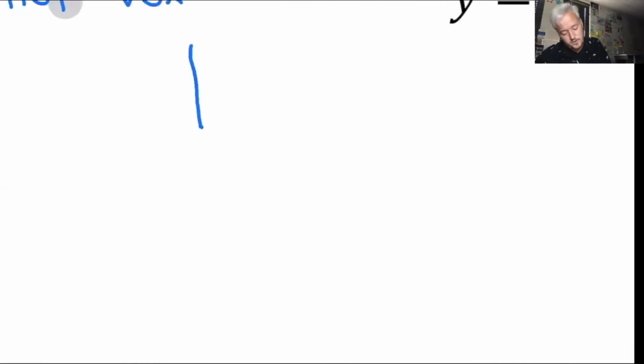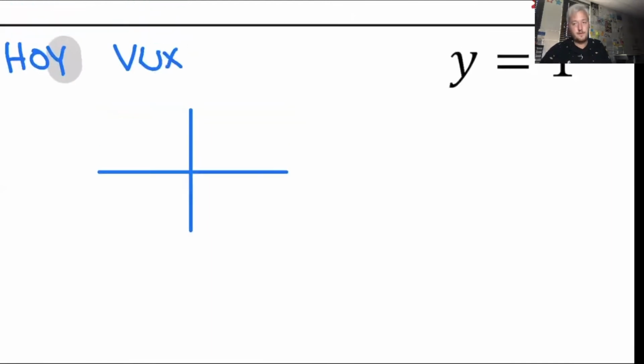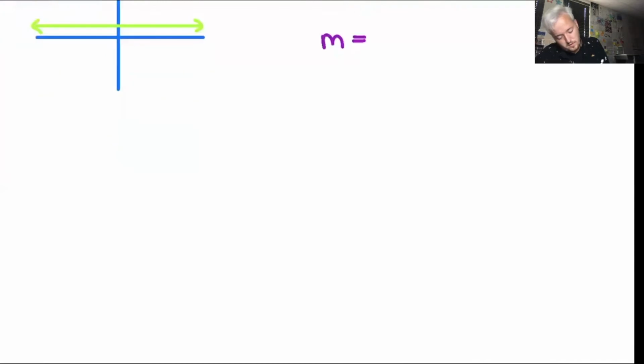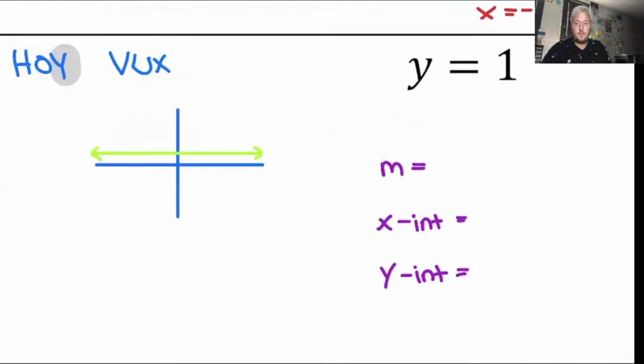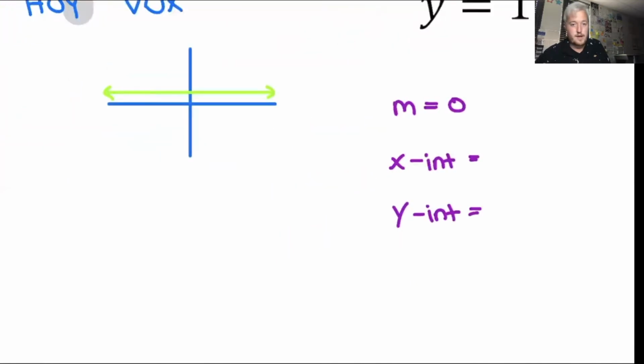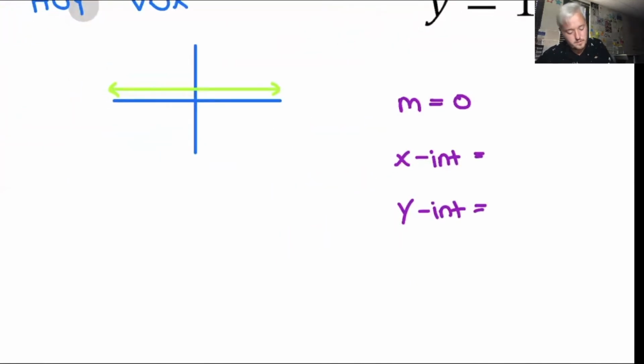So just to kind of give you a visual, if my y value is +1, it's going to be just right above the x-axis. So I want to be able to fill in those attributes. So I'm looking for my slope, my x-intercept, and my y-intercept. If you remember from Hoi, the very middle, it means 0 slope. So we have a slope of 0. Now our x-intercept is way down here.